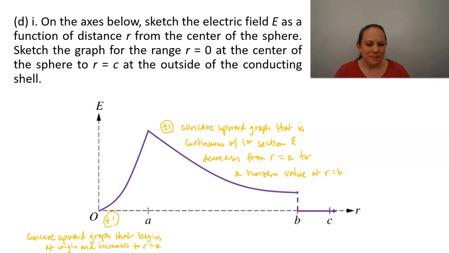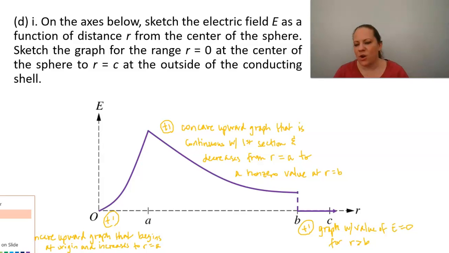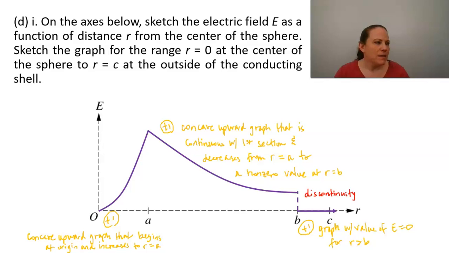And then our final point is going to be for a graph with a value of E equals 0 for R greater than B. And there is a note that due to the scale of what you are drawing, the discontinuity at B is not required to be shown.